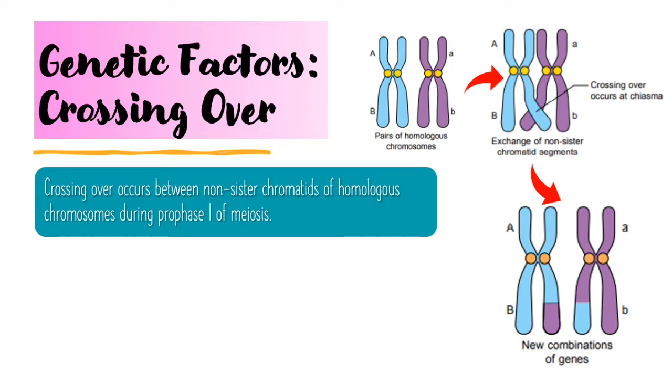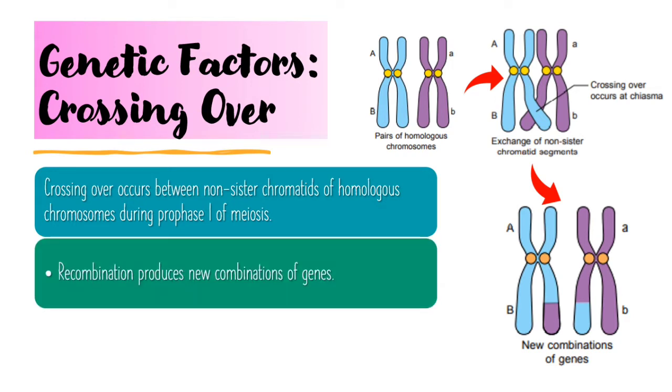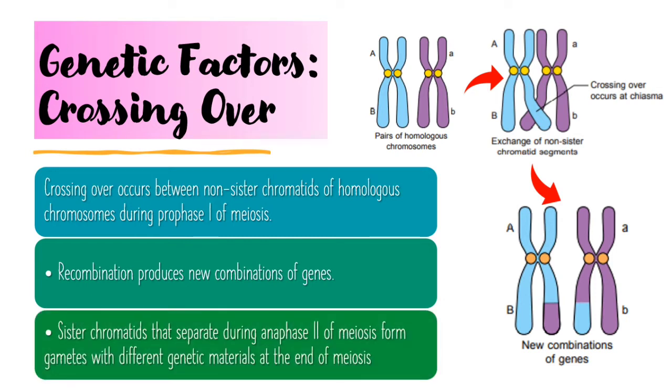So what happens in crossing over? Recombination produces new combinations of genes. So sister chromatids that separate during anaphase 2 of meiosis form gametes with different genetic material at the end of meiosis. After crossing over, there are new combinations of genes between the maternal set and paternal set of chromosomes.